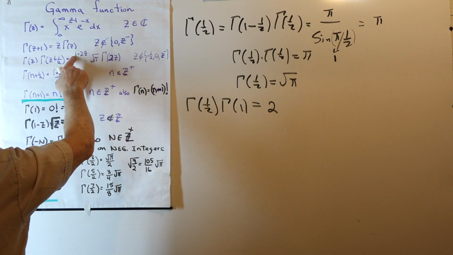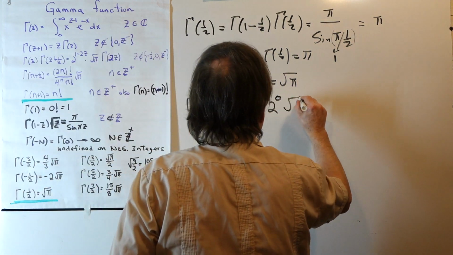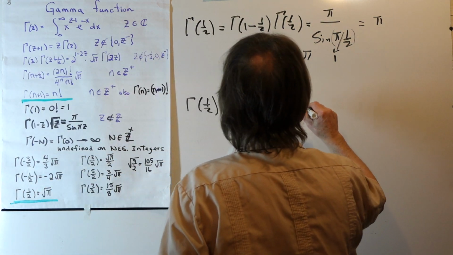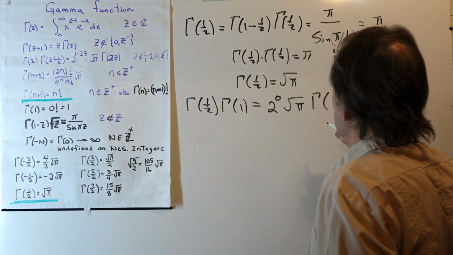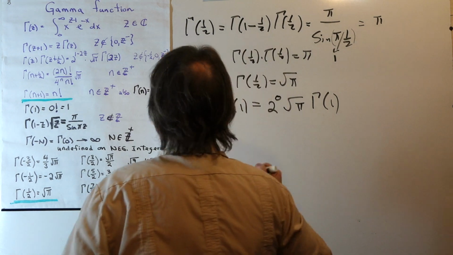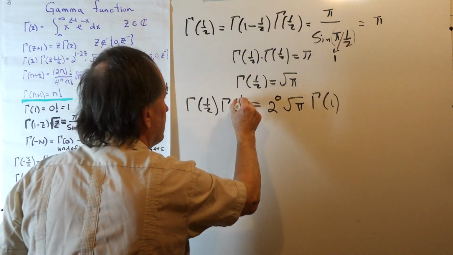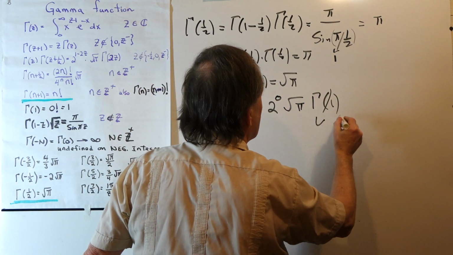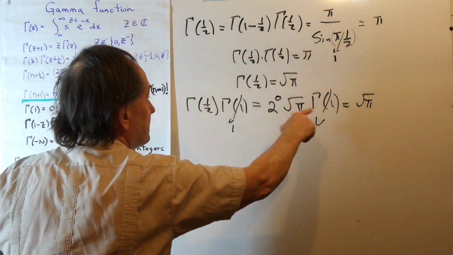Z is 1/2, so we have 1 minus 1, or 2 raised to the 0 power, times the square root of pi, times gamma of 2z. Z is 1/2, so 2 times 1/2 is 1. We have here that gamma of 1 is 1, so this goes to 1, this goes to 1, so this becomes square root of pi. So gamma of 1/2 is square root of pi.